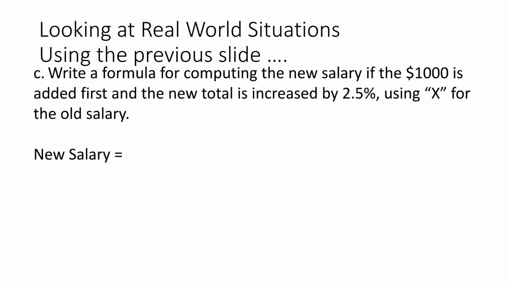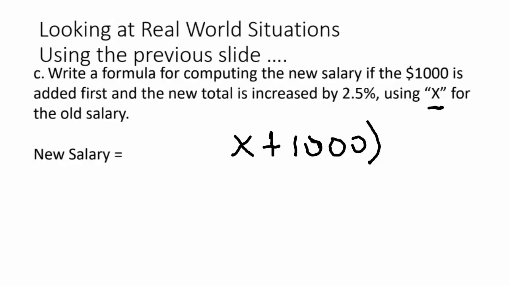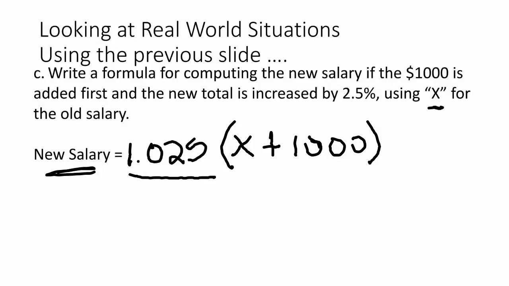This is how we write the new equation or formula. Now, we are taking the salary, because that's what X is. We're adding 1,000. And then it is this answer that we're multiplying by the multiplier. This is how we compute the new salary. We add first, and then the answer is multiplied.